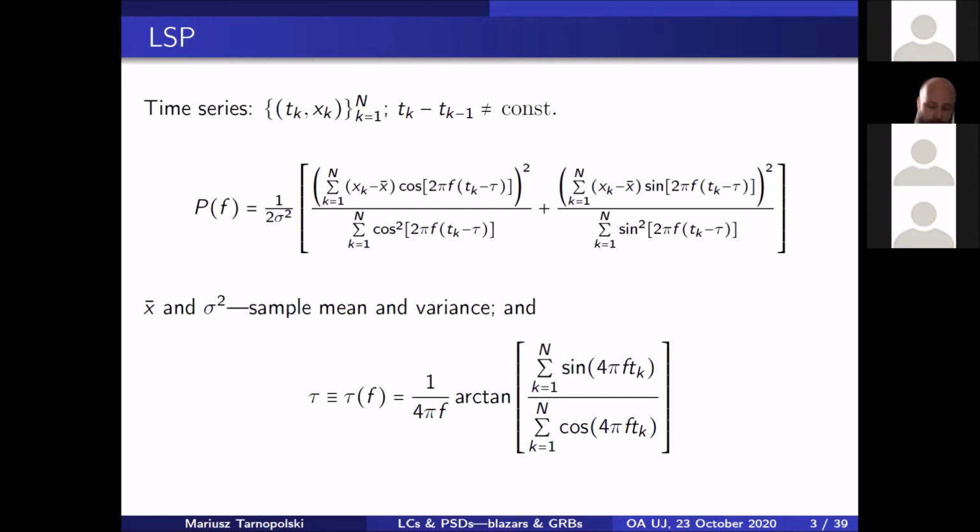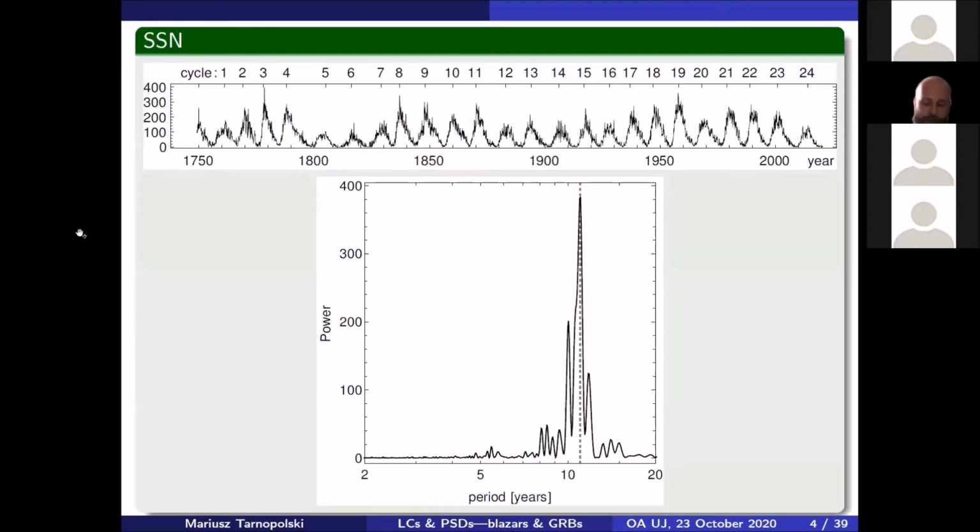And basically the LSP is based on an assumption that the examined signal can be decomposed into sinusoidal components. Oversimplifying, it's a fancy Fourier. So as an example, let's take the sequence of the sunspot numbers, which has this well-known 11-year cycle.